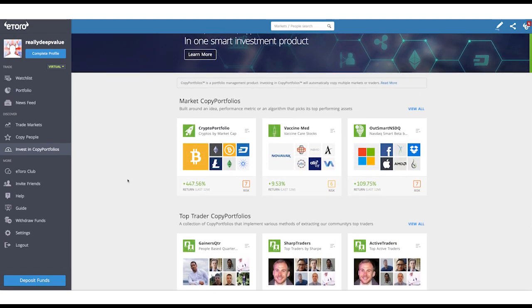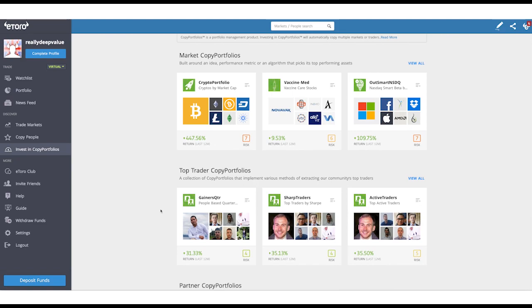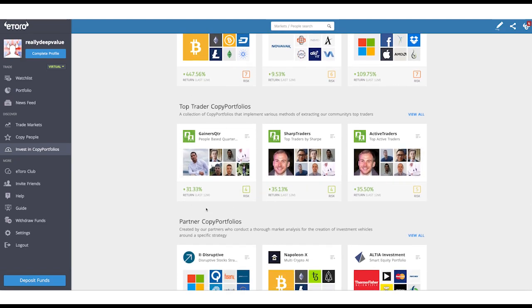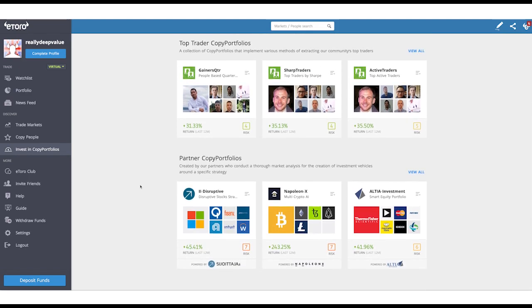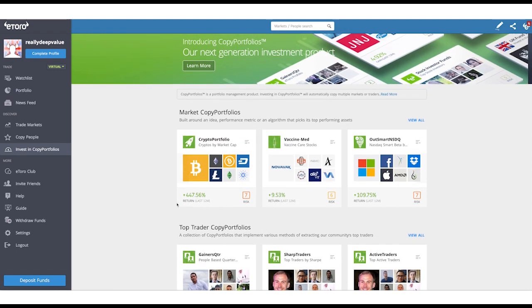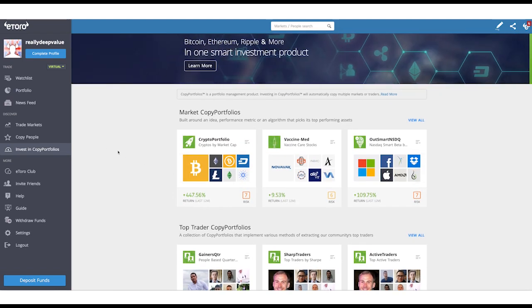So they're market copy portfolios, top trader copy portfolios. That's another way of finding the top traders, by using a copy portfolio, which will have a number of them held in the basket for you. And partner portfolios. These are portfolios set up by eToro's partners. So that's another approach to copying, which we'll look at in more detail in another webinar.